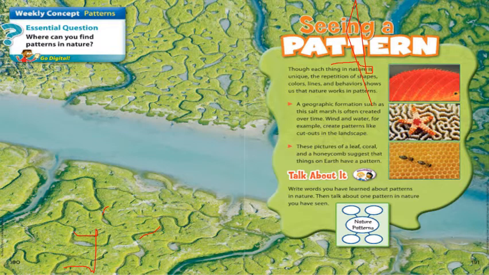If you see here the honeycomb, which is organized, a very beautiful color, and it has a very beautiful shape. If you notice that all the shapes are the same, so here we have pattern also. So guys, when we say pattern, we mean a design or a distinctive style or model.